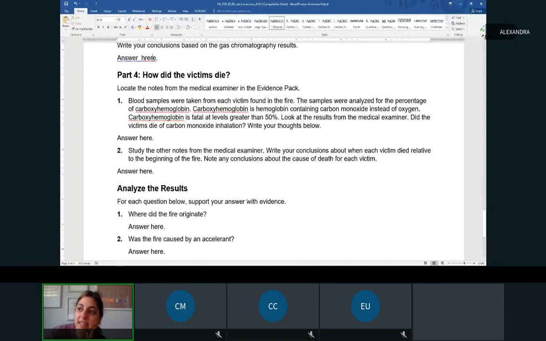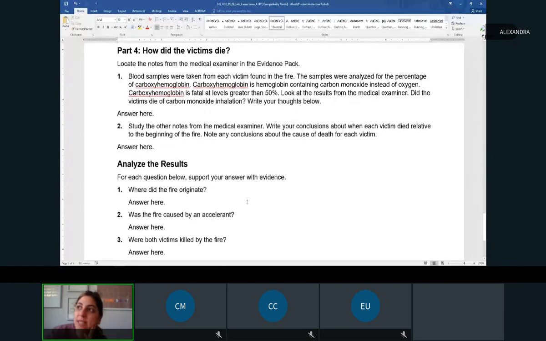Then analyze your results. First of all, who died from what? Did both of them die from smoke inhalation? Did one of them, not the other? Did neither? What did we think?